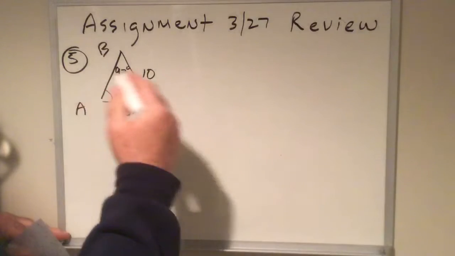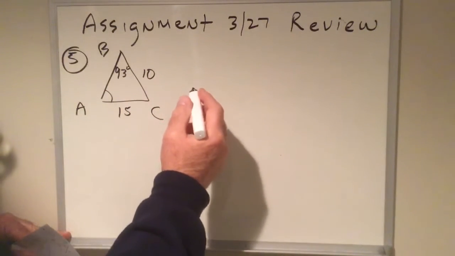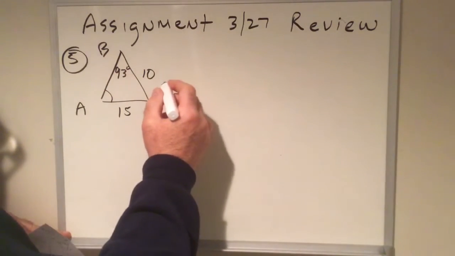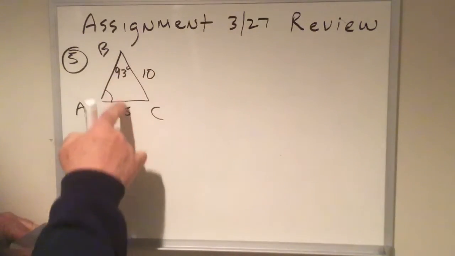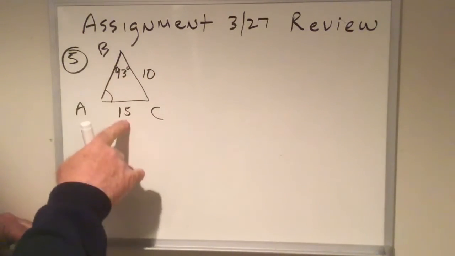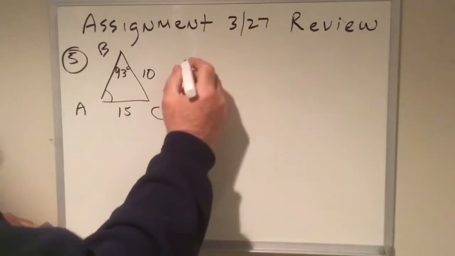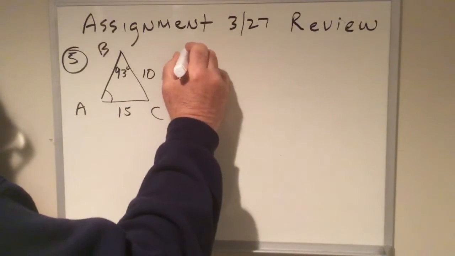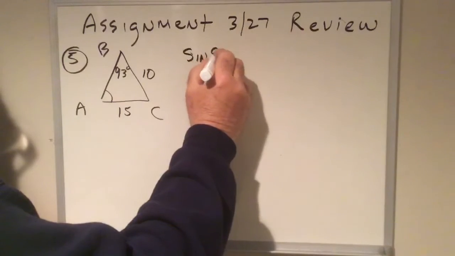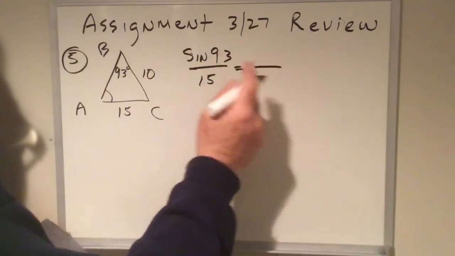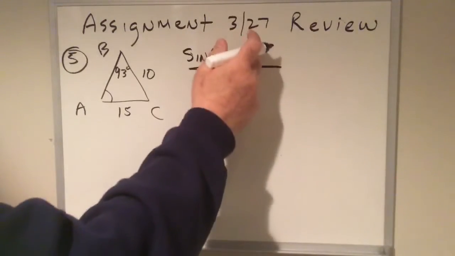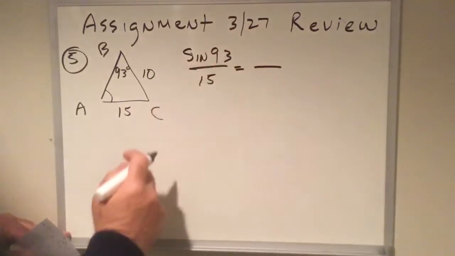The law of sines, this is a little review where you didn't look at it over the weekend, I assume. So law of sines is contingent upon knowing an angle measure and a side length across from it, and there it is. That's the magical setup that we need. So we got to go sine 93 over 15 equals, and on the other side you set up another side length underneath an angle measure.